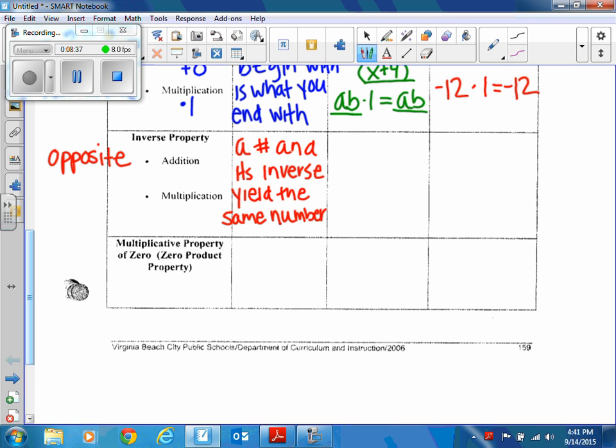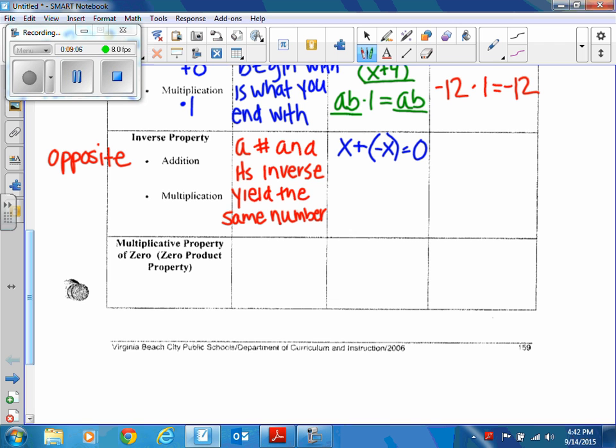An example of that, if we look at a variable example, if we have x, well, we're going to do the opposite, negative x. We're going to have a positive x, and the opposite would be the negative x, or the inverse of x. Positive x would be negative x. And that leaves us with 0.